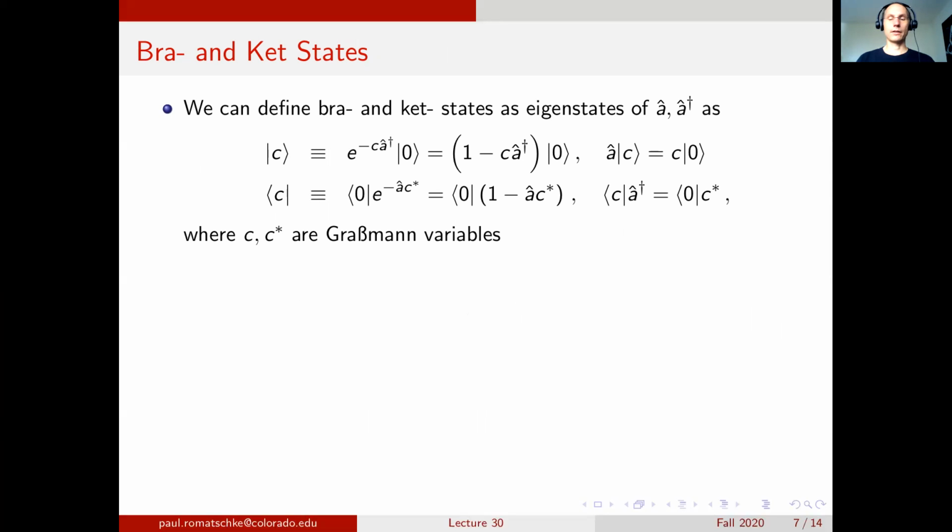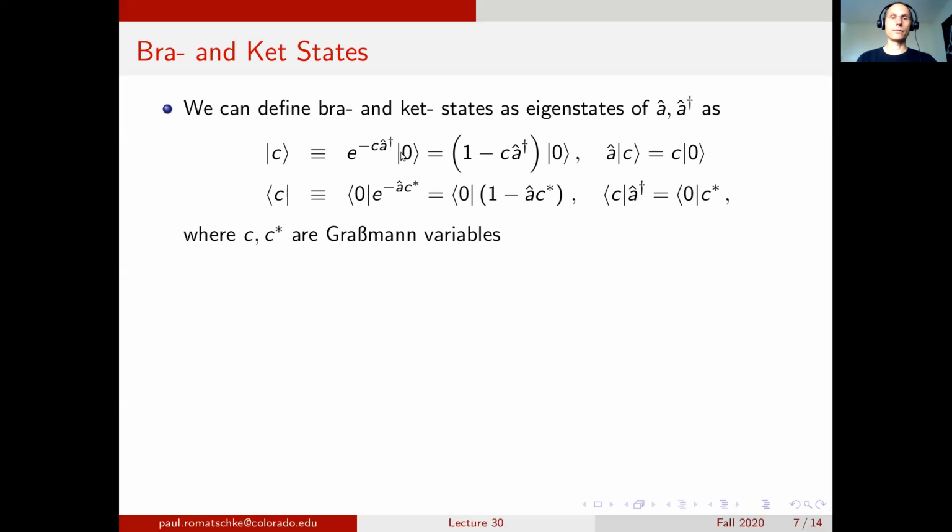We can go further into this construction of this fermionic system by defining bra and ket states, which are eigenstates of the fermionic operators A and A dagger. We do it in such a way that we define the ket state C to be given as e to the minus c A dagger acting on the state 0.